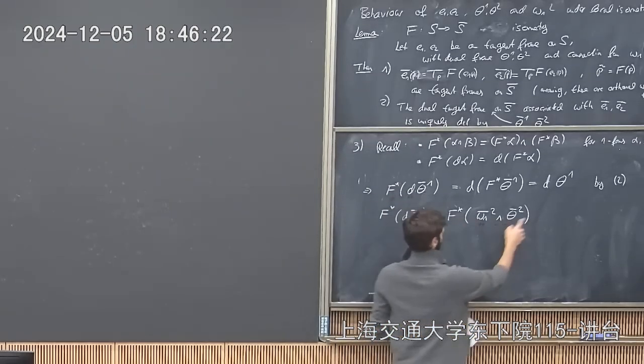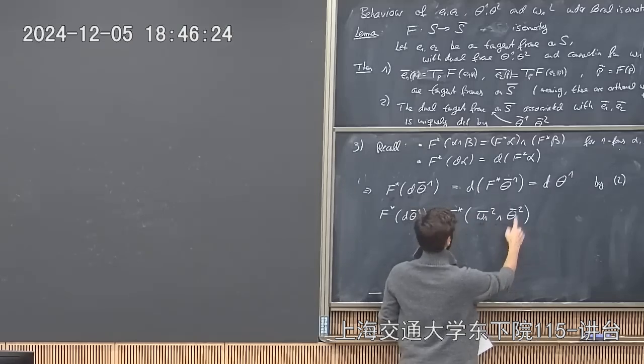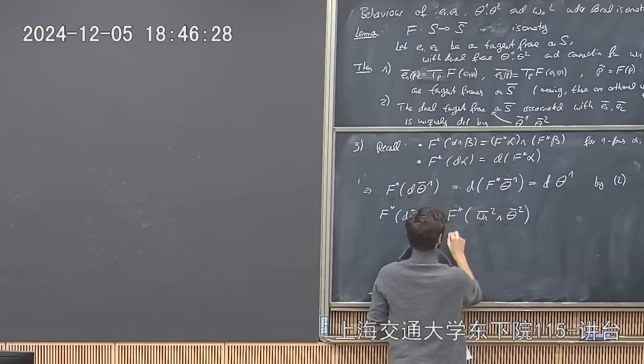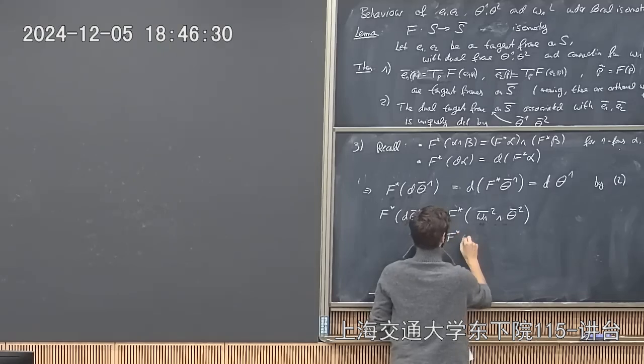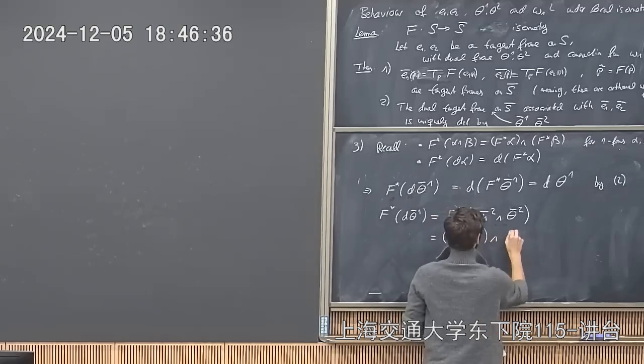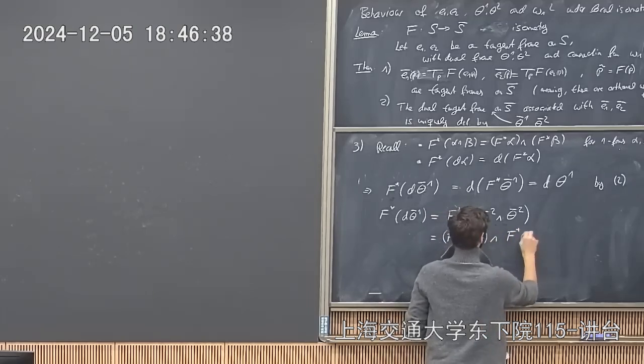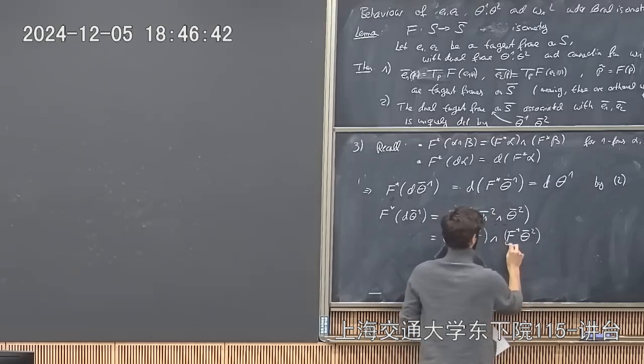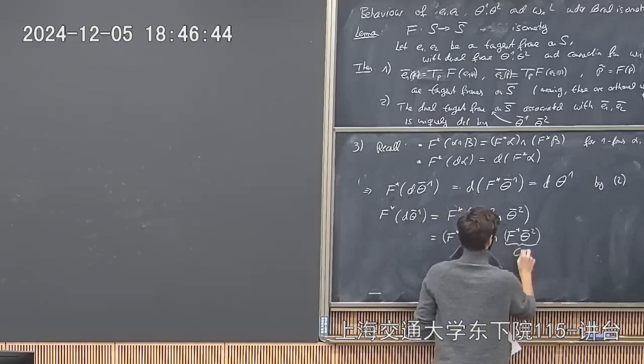So now we have to calculate that. For that we use the first property, where we can say that f star of theta 2 applies to f star theta 2. And this one here, we can again write as phi 2.